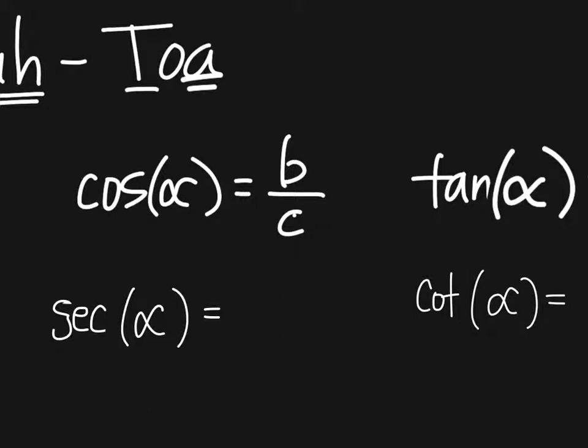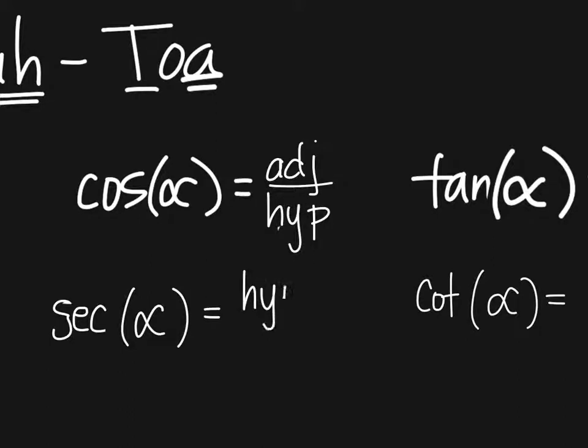So again, if I change the words of cosine back to adjacent over hypotenuse, then this would be hypotenuse over adjacent. So once you know cosine, you can just flip them, and then you have secant automatically.